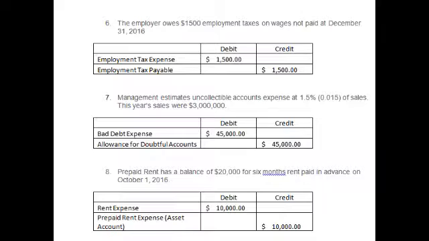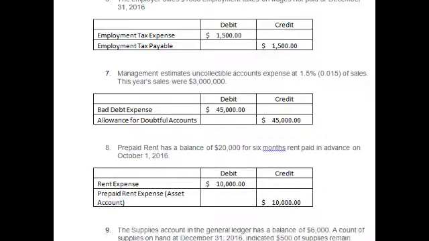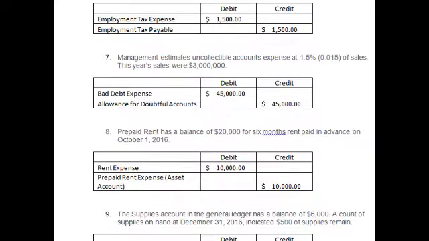Number 7 talks about uncollectible accounts. This is something based on estimate. However, the accrual basis accounting method requires us to do this. You cannot skip it.